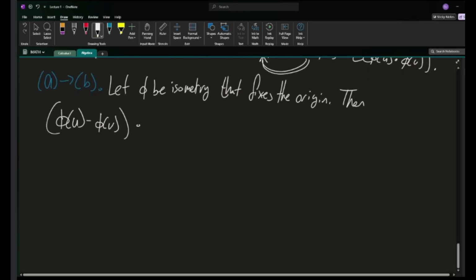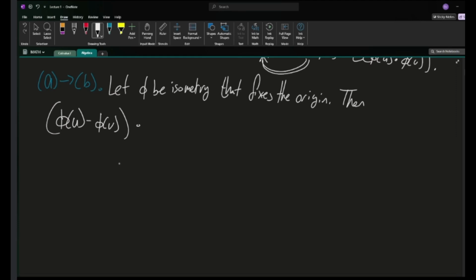So, on this next part, all we're trying to show is that, since we're fixing the origin, it preserves dot products.